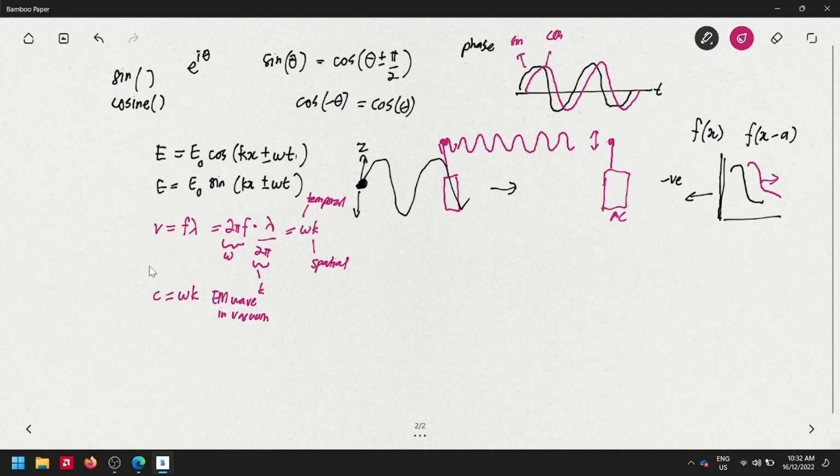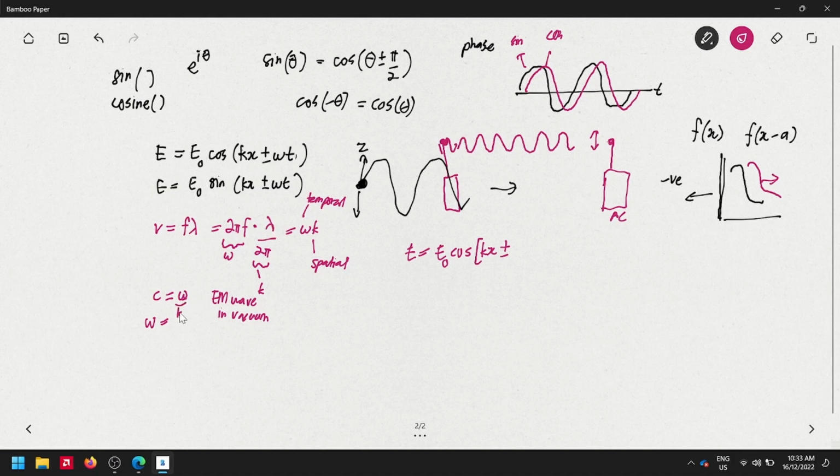So here, I have E equals to, let's say if I use the cosine, okay? E equals to E naught cosine of kx plus minus, so I'm replacing omega. Sorry, this is inverted, so it should be omega over k, because k is equal to 2 pi over lambda, right?